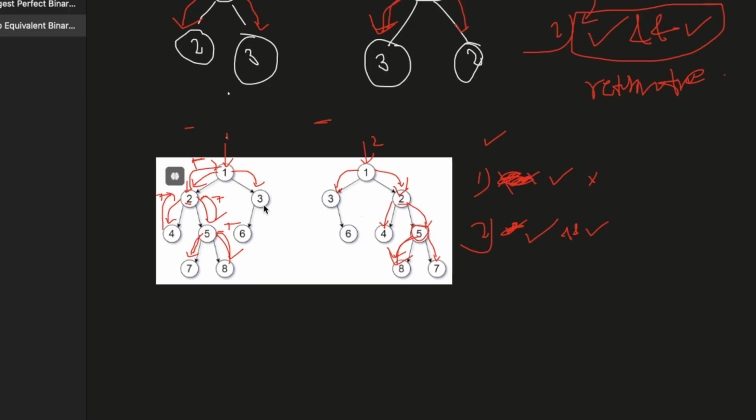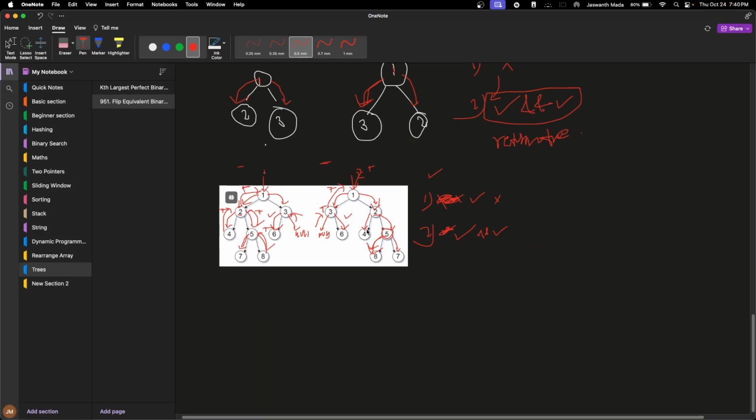And then over here I see that it is on the right side, so I'll go to the left here, I'll go to the right here. These two are equal, and I'll go to the right here, and I'll go to the left here. Since these both are null, these two are equal, so this will also return true, and this will be returning true for this, and this will be returning true for the final function call.